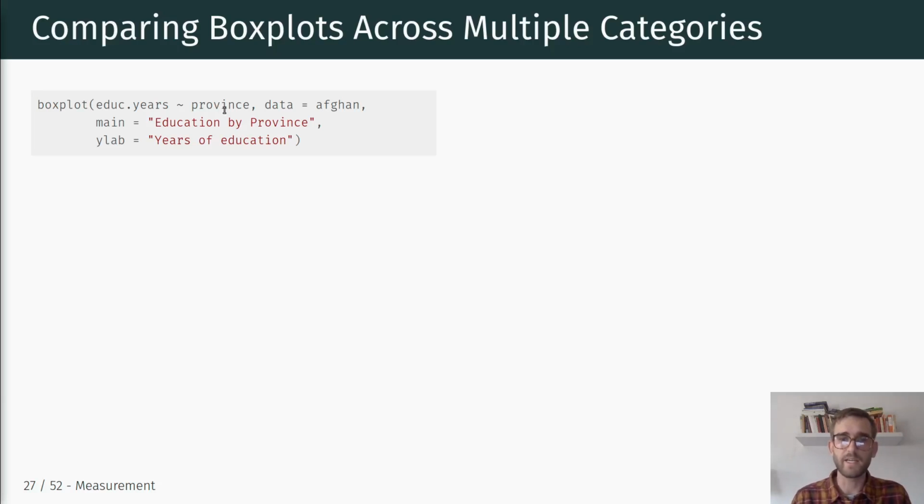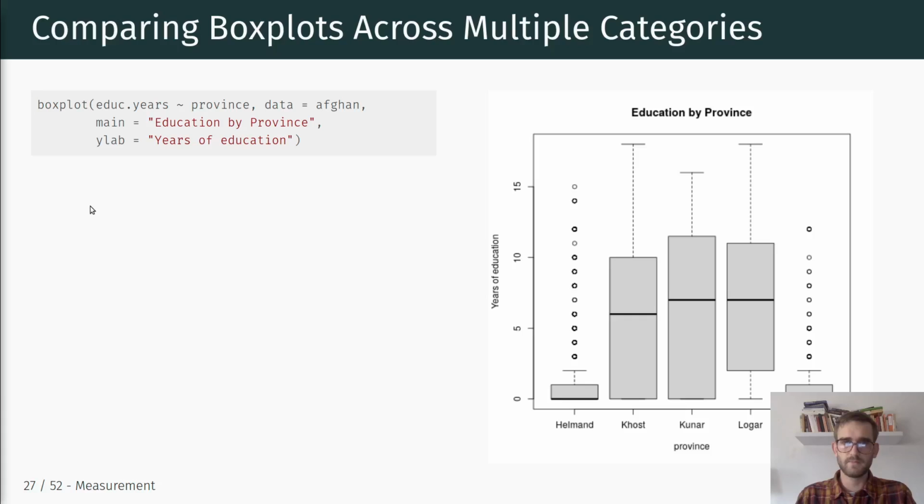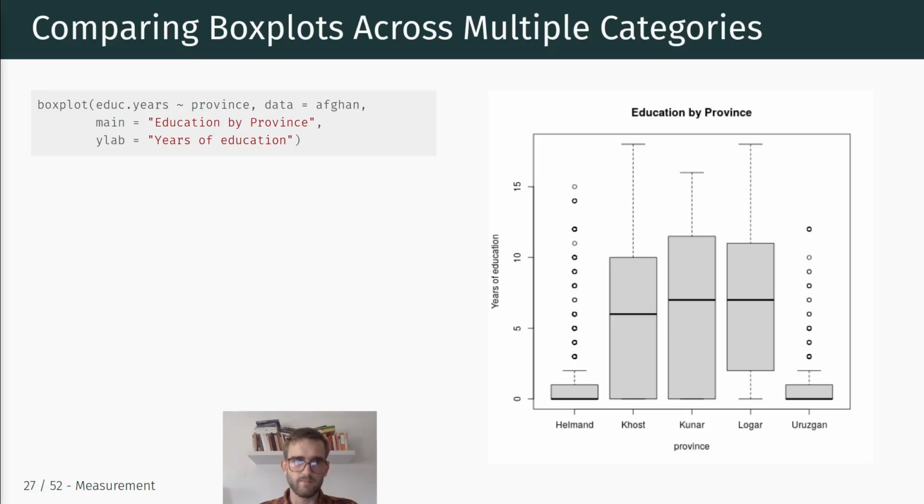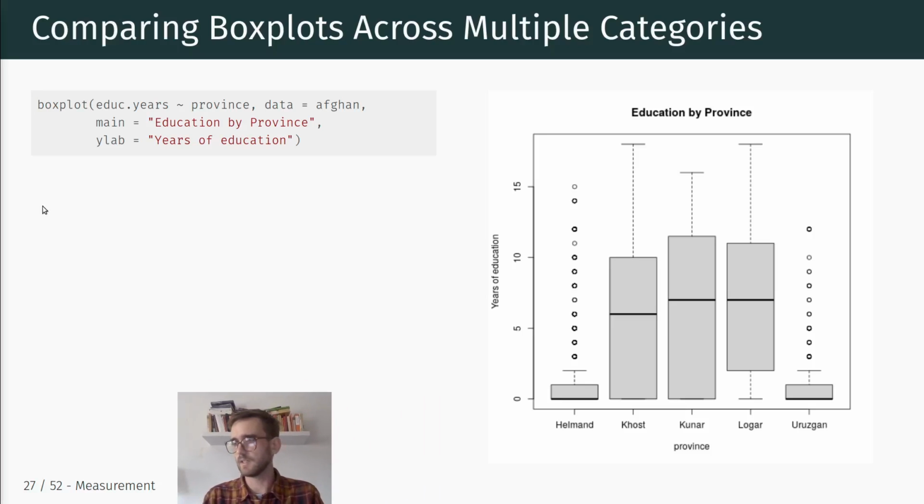We want to look at the education distribution across different provinces that are included in the survey. The data, of course, is the Afghan survey, and we set our title and our label for the y-axis. So the result of this command can be seen here.